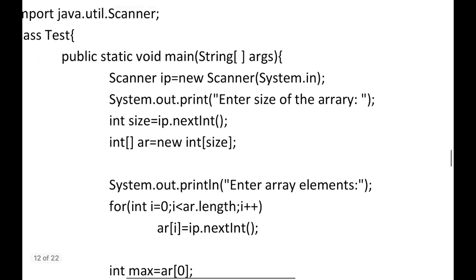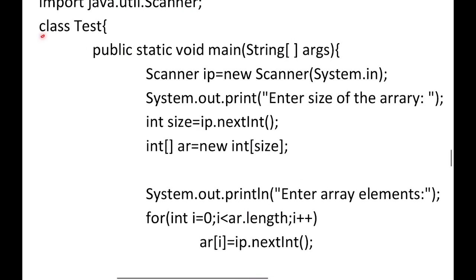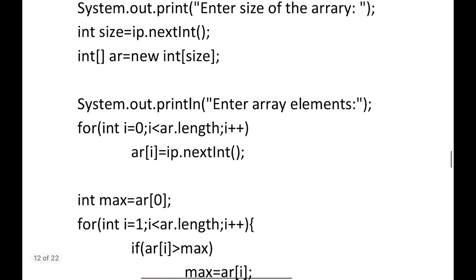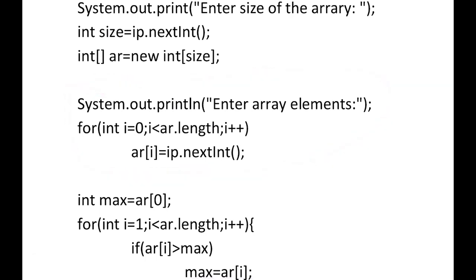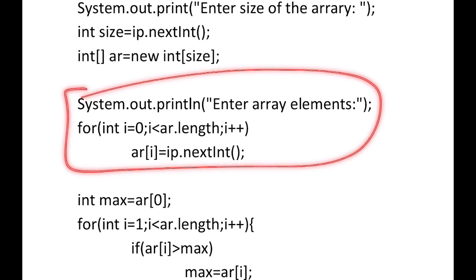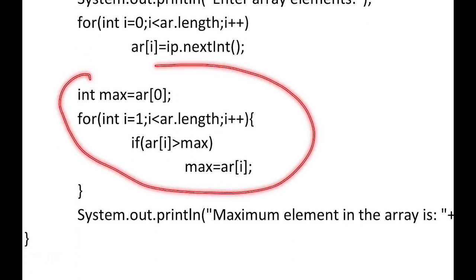So here: import java.util.Scanner, then class Test, public static void main, Scanner ip, System.out prints "enter the size of the array", and after taking the size as input we are creating the array. Now this is for entering the array elements, like we have already discussed, and here we are computing the maximum.